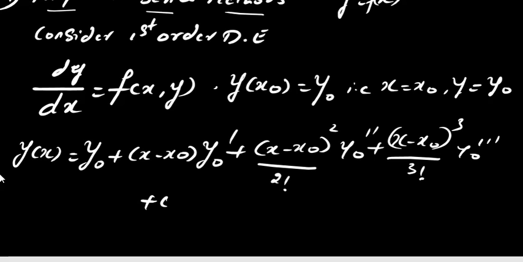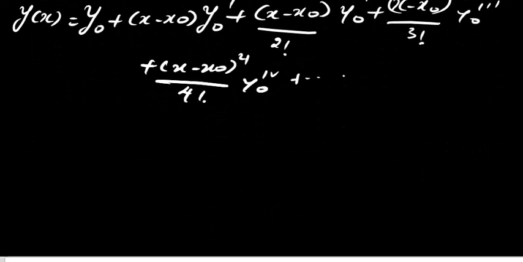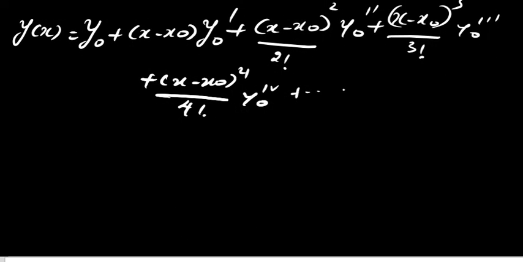Similarly, (x minus x naught) whole power 4 by 4 factorial y naught fourth derivative, and it goes on. Depending on how much order or degree they asked us to find, we can extend the formula accordingly.